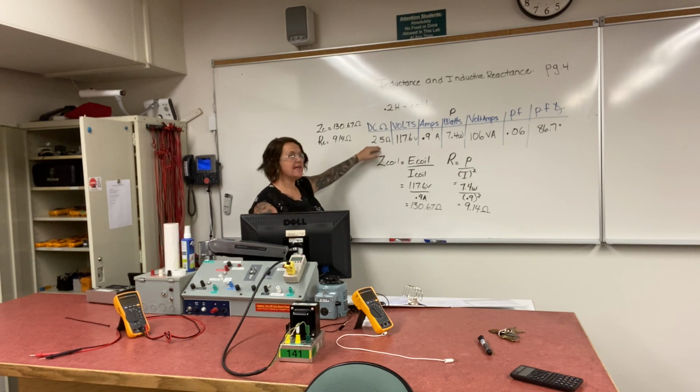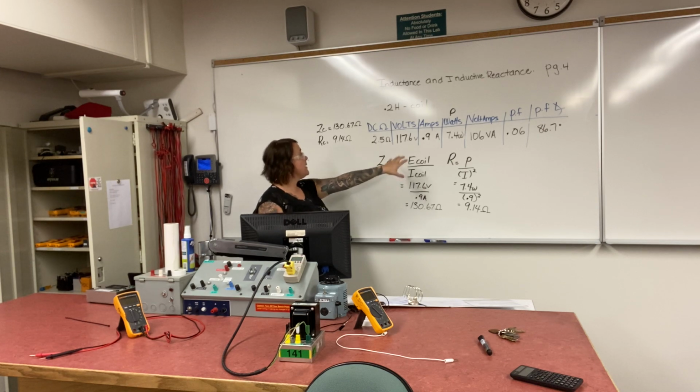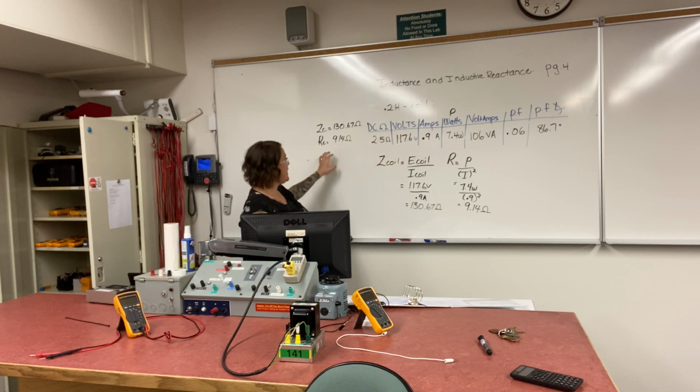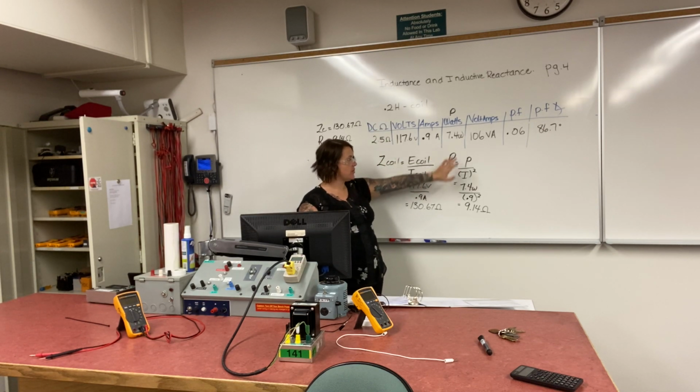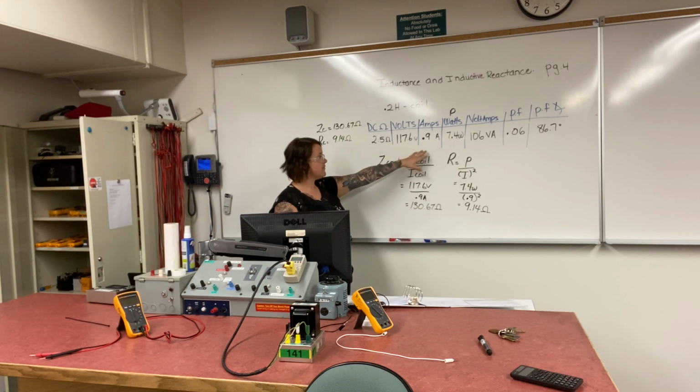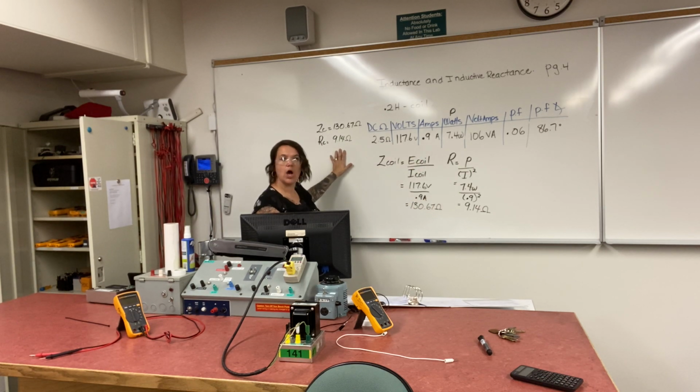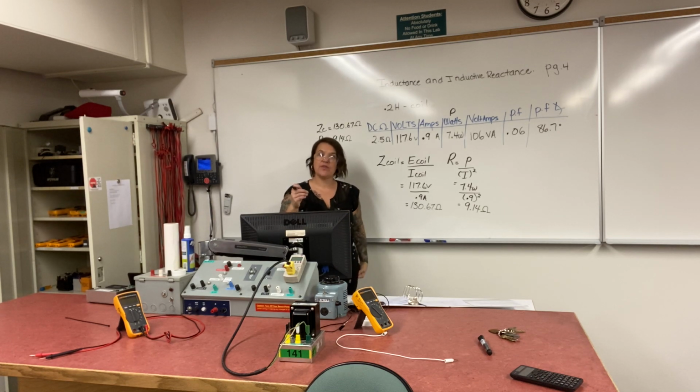So you're seeing that value of resistance coming through, but when you take the power that's generated divided by the current squared, you're seeing a much higher value of resistance. And that's consistent when you're dealing with AC as opposed to DC.